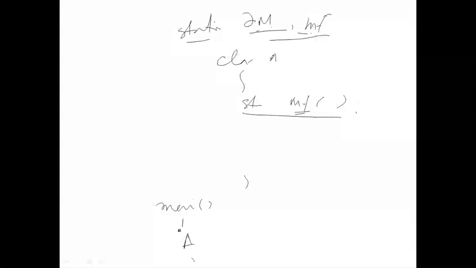It is not possible to call the static member function with an object, because it's not a part of the object, it is a part of the class. So this is the call. Suppose the function is mf, the static function, this way you will be calling it. So this is the concept of the static member function.